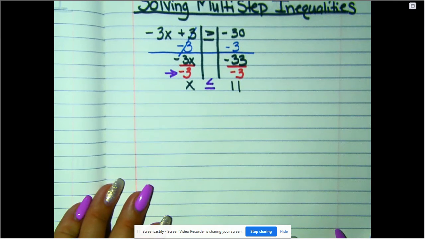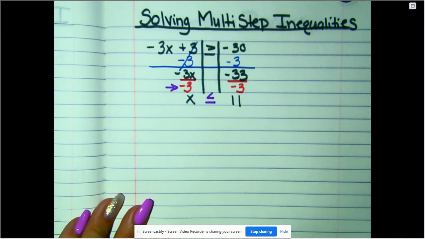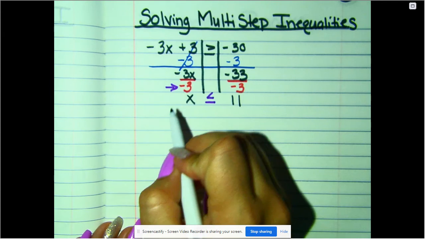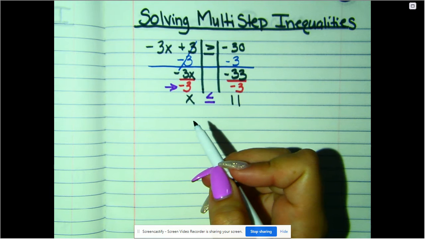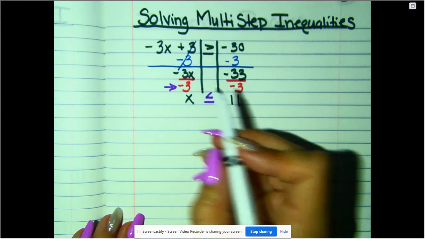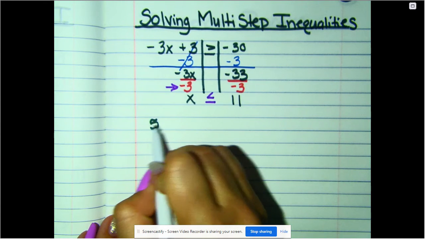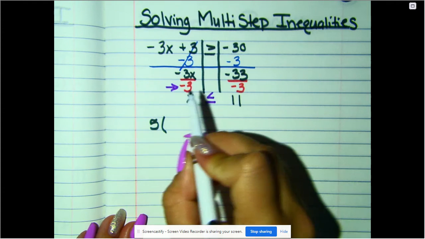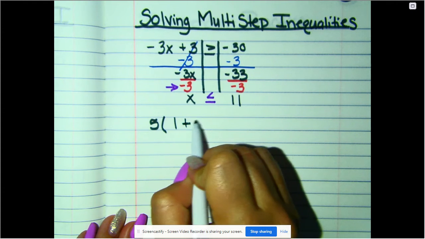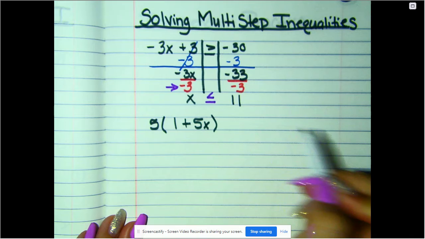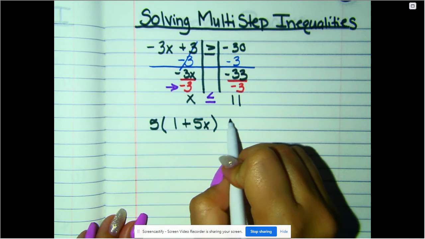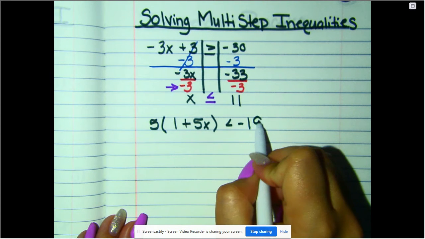Okay, today we're going to kick it up a notch just a little bit, and we're going to start solving multi-step inequalities. So for this one, I'm going to have 5 times 1 plus 5x is less than negative 195.